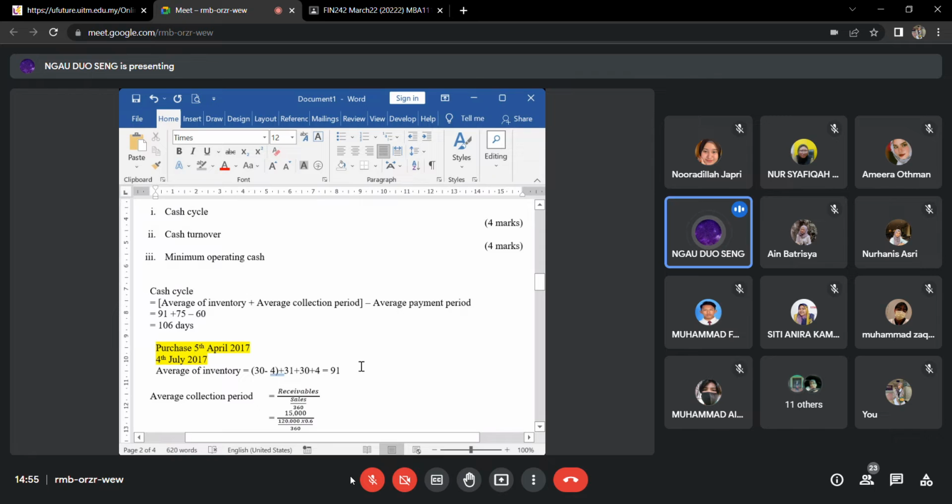Any more questions? Sir, do we need to write the date working like that, or just calculate 91 days directly? Your exam is MCQ, so you don't need to. If you take an essay question exam, yes, you have to write like this.